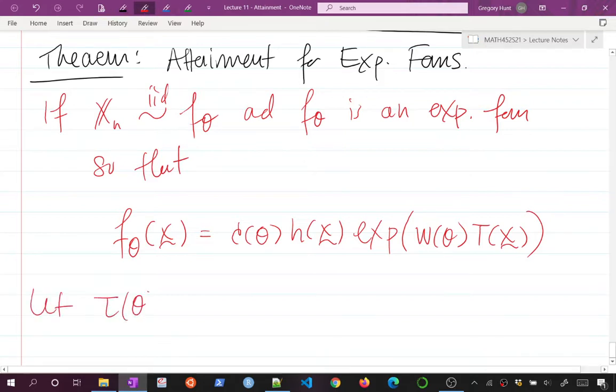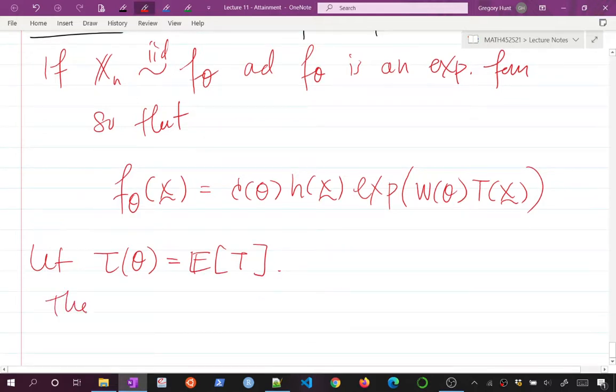Let's just call tau of theta whatever the expected value of t is here. All right. So we're just going to say we want to estimate whatever t is unbiased for. Then t is the UMBUE for tau of theta.